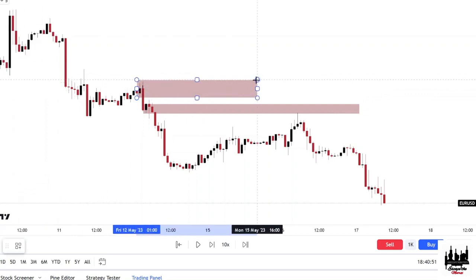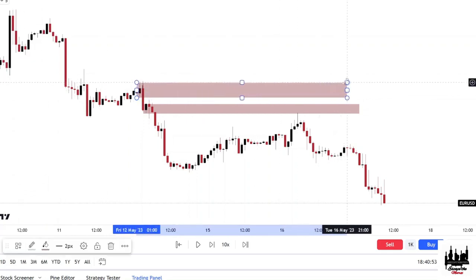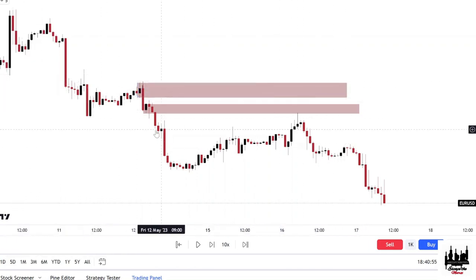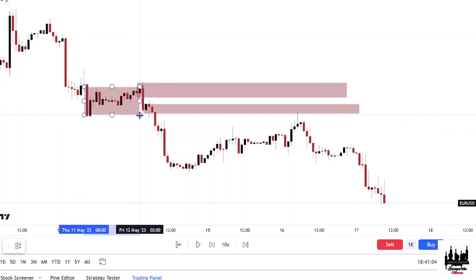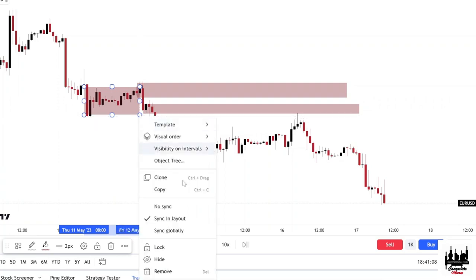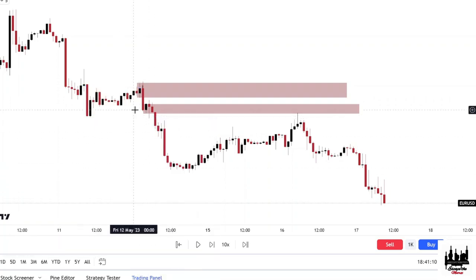What would this one be? This one would be a ranging because the source of this OB is the range, which is price was ranging before it formed this order block.